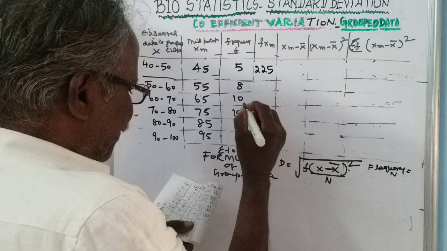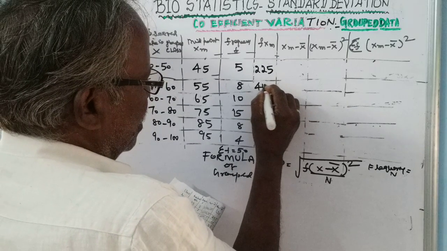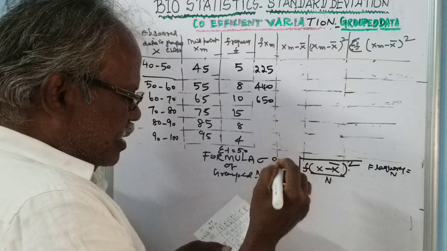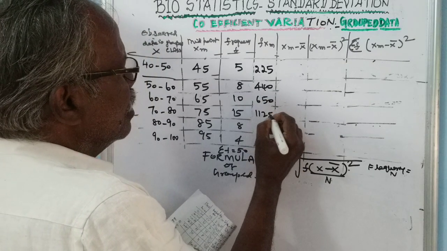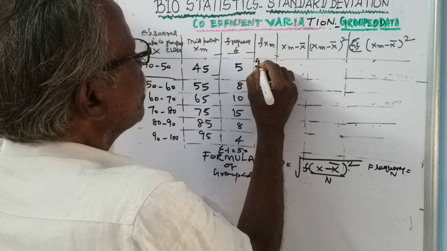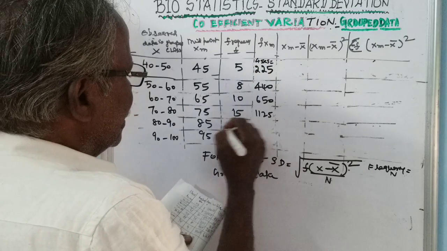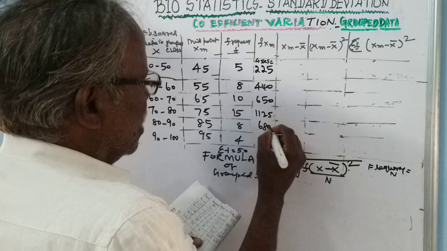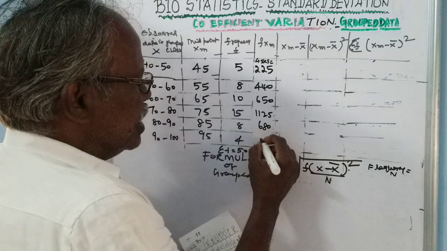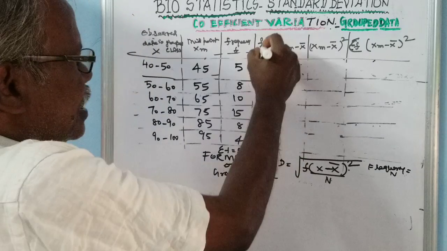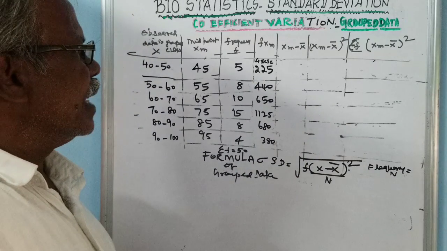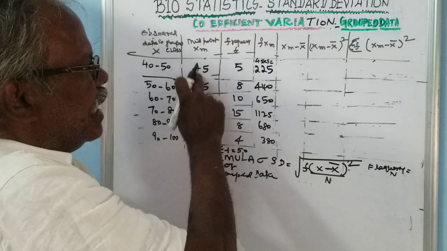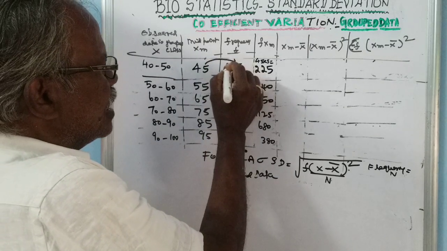Like that, 8 into 55 is 440, 10 into 65 is 650, 15 into 75 is 1125, 85 into 8 is 680, then 95 into 4 is 380. We have to multiply like that.